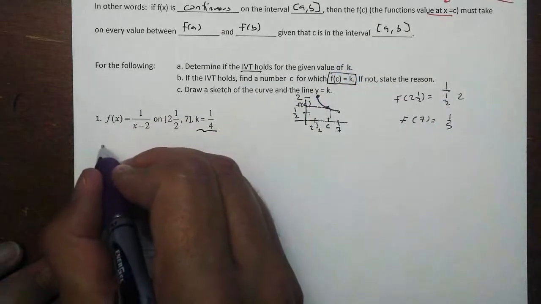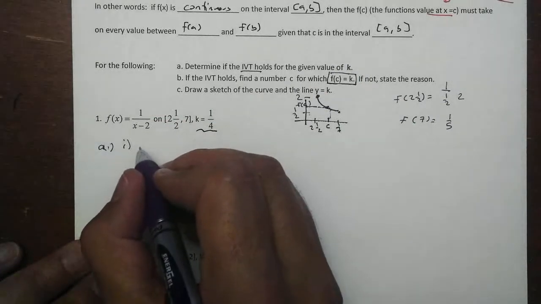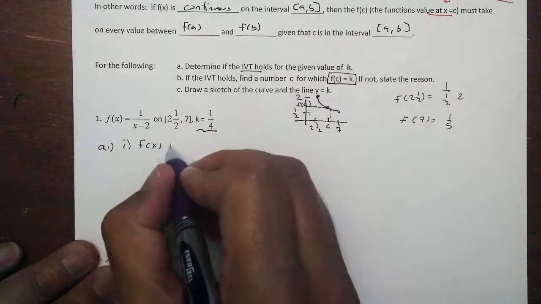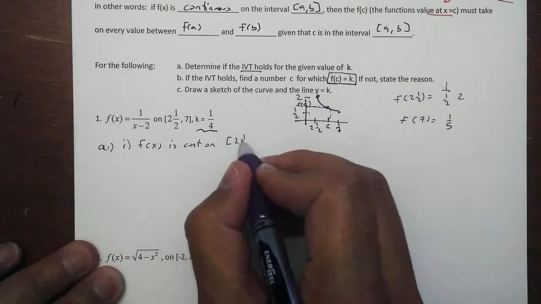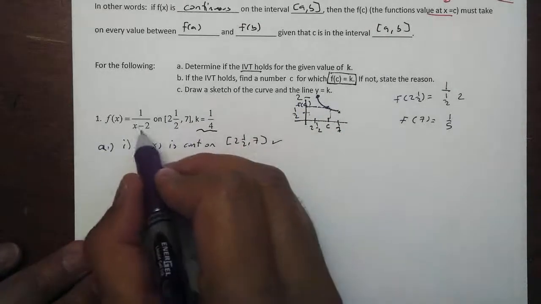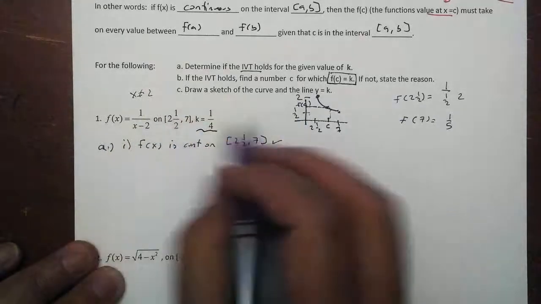So this is part A. The first step is to show that f of x is continuous on the domain 2.5 to 7. And the answer is yes, that is. This does have a domain restriction, x can't be 2, but we don't care about 2 because we're starting at 2.5.